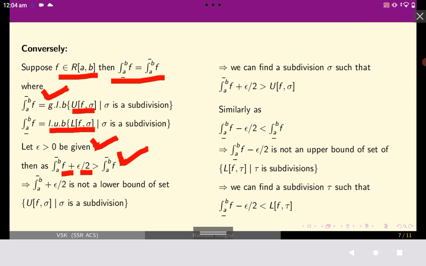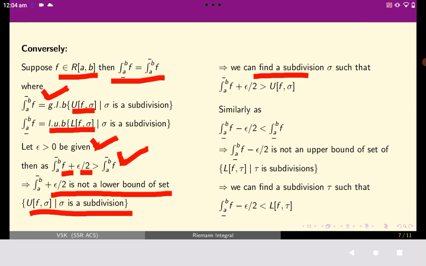So it means that the integral from a to b of f plus epsilon by 2 is not a lower bound of this set. But this implies we can find a subdivision sigma such that the upper Riemann integral of f plus epsilon by 2 is greater than the upper Riemann sum.